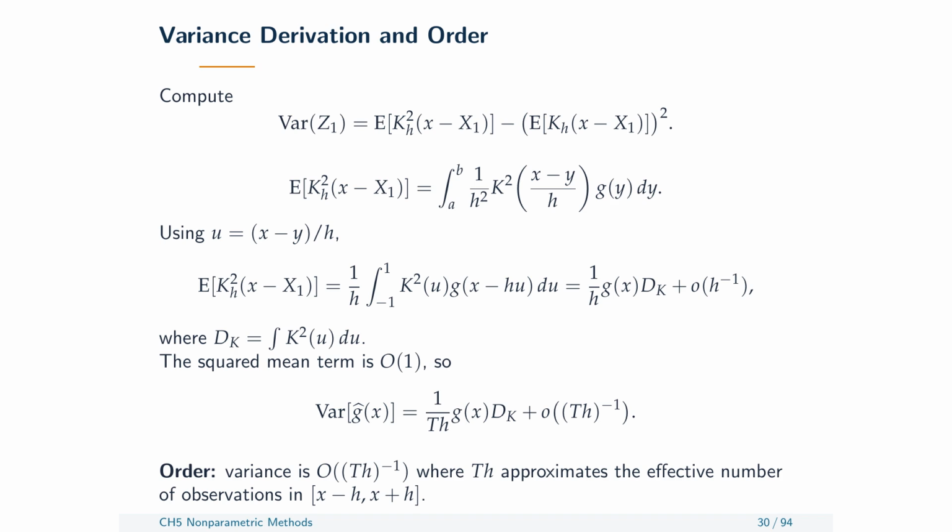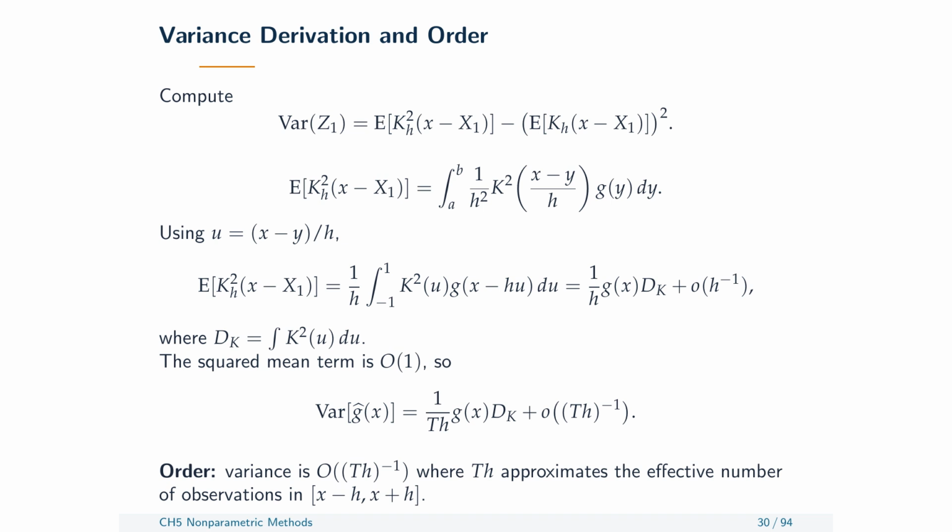A smaller bandwidth therefore raises variance because the effective neighborhood contains less information. A larger sample reduces variance because more observations contribute.